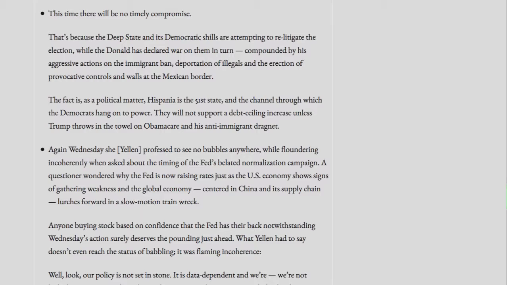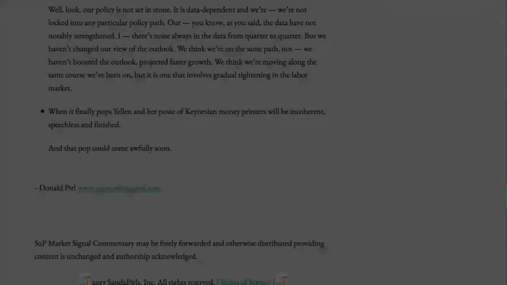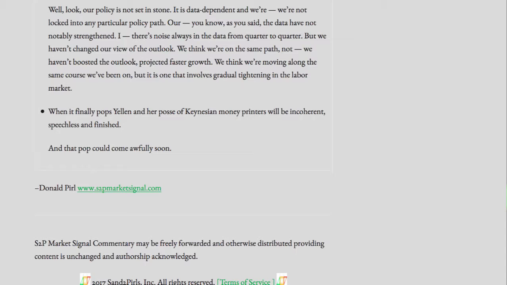What Yellen had to say doesn't even reach the status of babbling. It was flaming incoherence. Well, look, our policy is not set in stone. It is data dependent, and we're not locked into any particular policy path. As you said, the data have not notably strengthened.